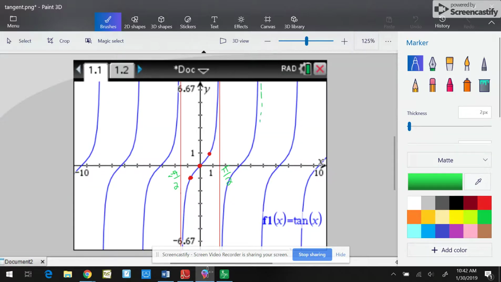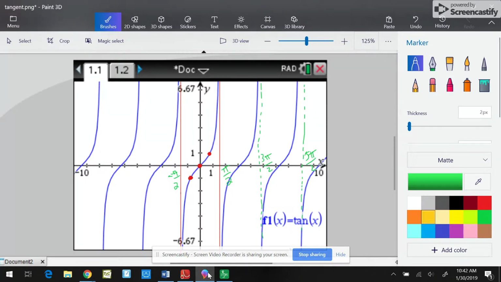This will be the next asymptote in here, and it will occur pi later, which will be at 3 pi over 2. And then again, pi later, if we add pi to that, adding 2 pi over 2, gives us 5 pi over 2. So every period, every pi in length, you're going to have a tangent graph repeat itself.